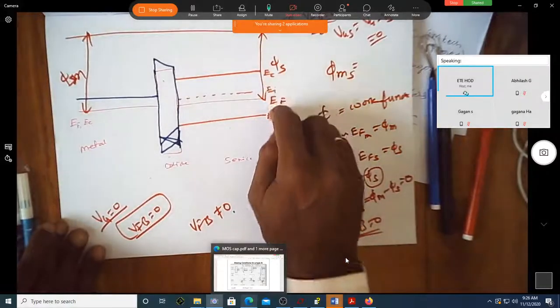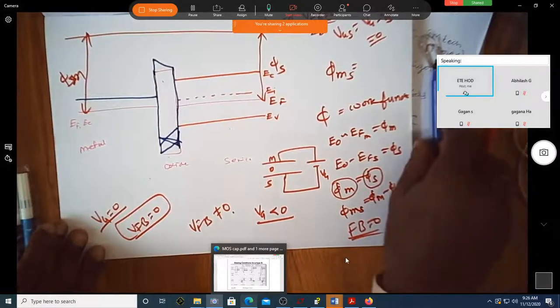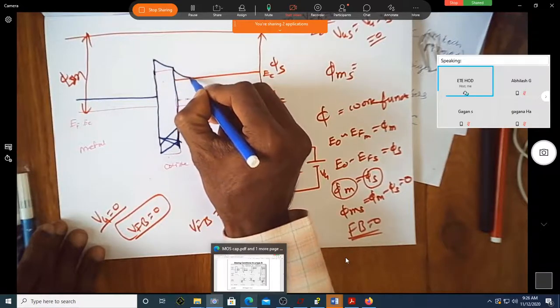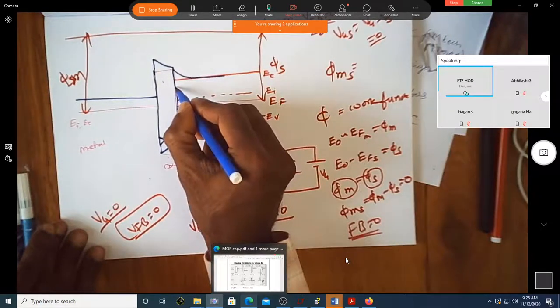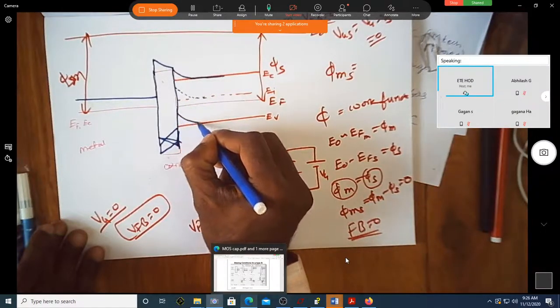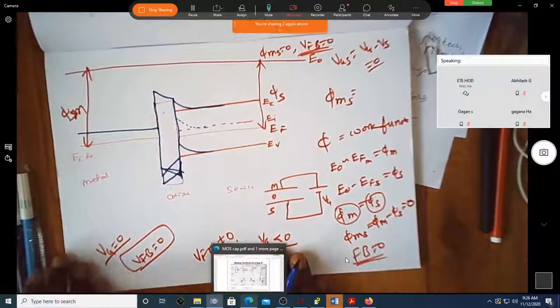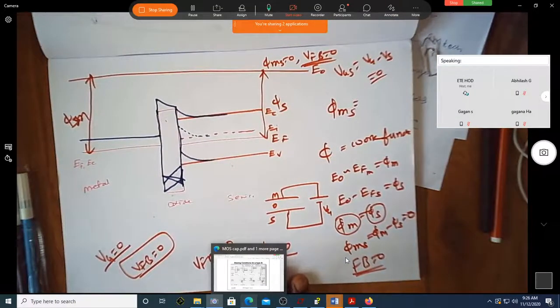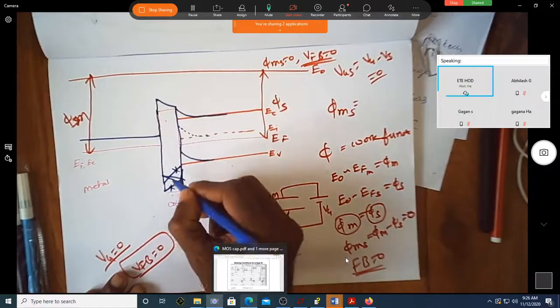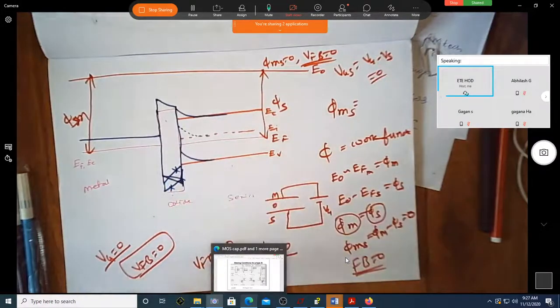So this is with gate voltage as 0. Now as you increase the gate voltage, it actually bends. See now, this is again bending. Is that clear?